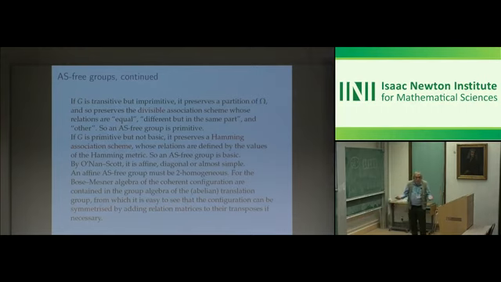They all commute, so I can add one to its transpose and preserve the property of being a coherent configuration. So I can just symmetrize this coherent configuration and get an association scheme. If the association scheme I get is trivial, then the group must have been two homogeneous. So basically, affine AS-free groups must be two homogeneous.